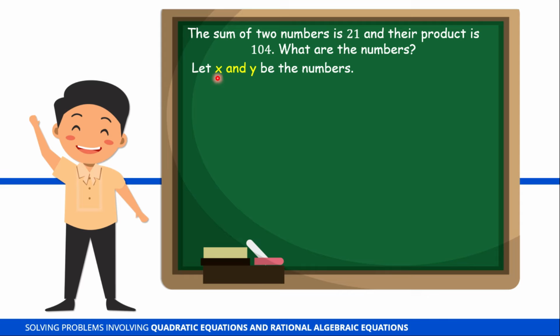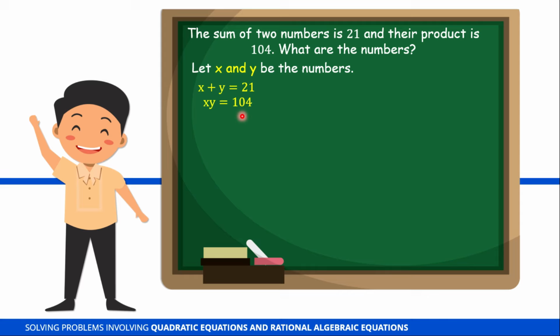Ibig sabihin, kung ang numbers natin ay x and y, we have x plus y is equal to 21. Ang next naman nating i-represent ay ang statement na their product is 104. Their product, ibig sabihin, ang ating operation ay multiplication. So, x times y is equal to 104.